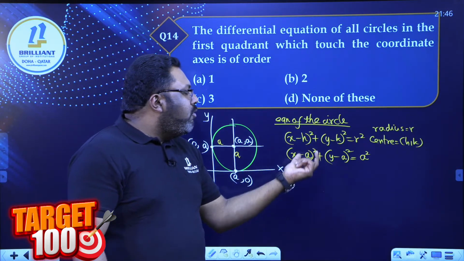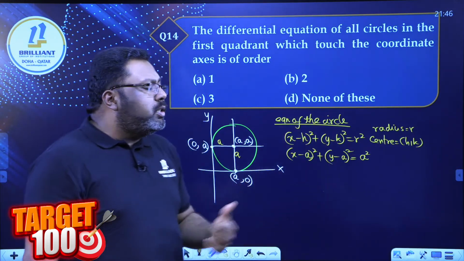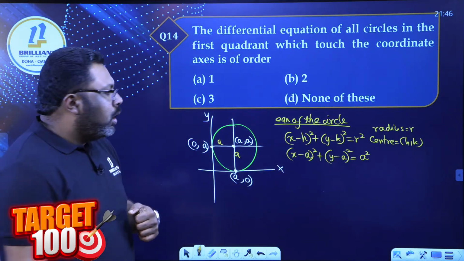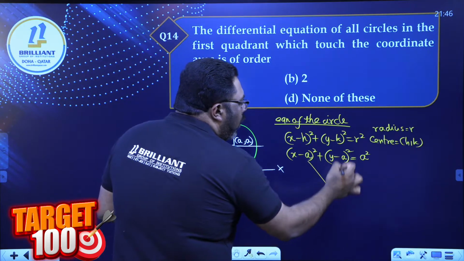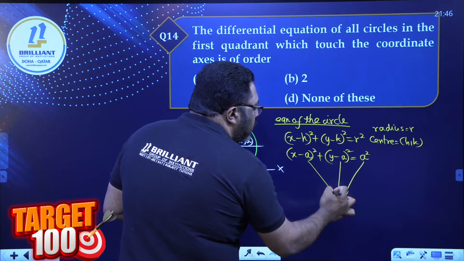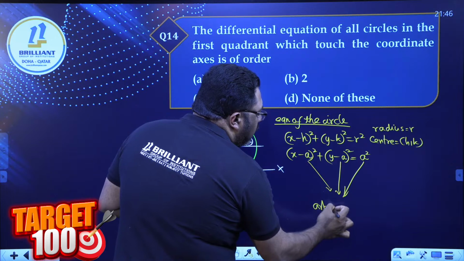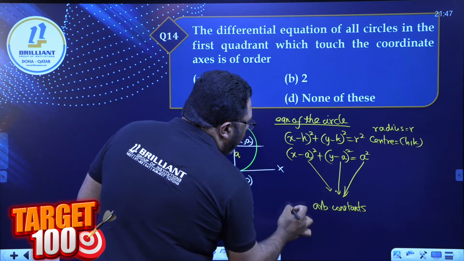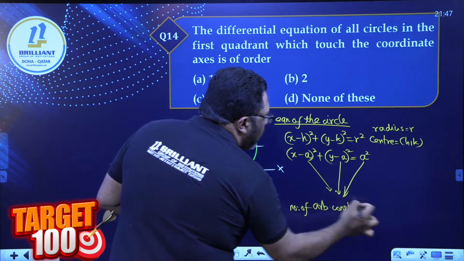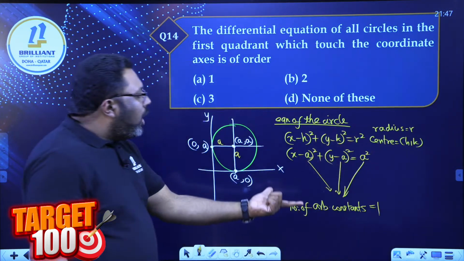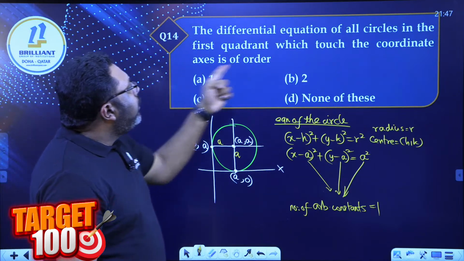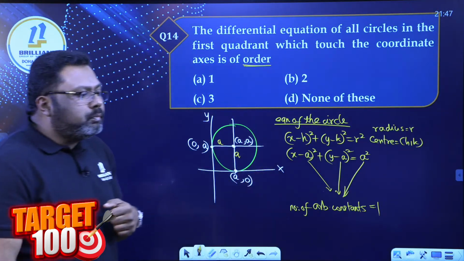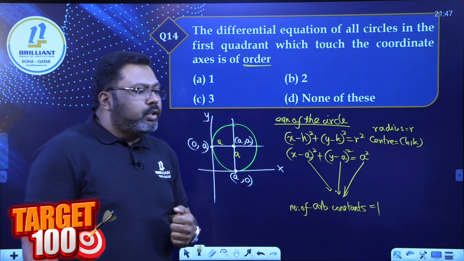Tell me how many arbitrary constants you see in this equation. Only one. All of them are now A. So the number of arbitrary constants equals 1. Then if your arbitrary constant is 1, what will be the order of this differential equation? Right answer, Dhruvil.